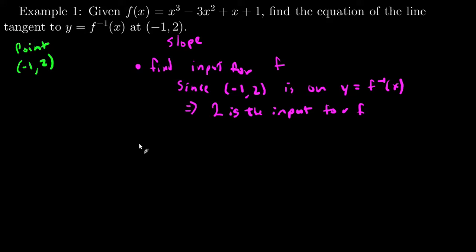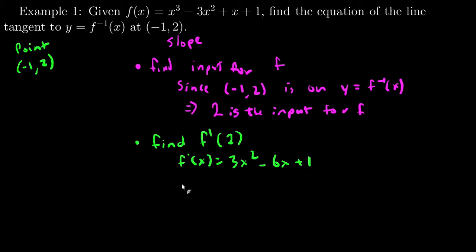So I'm going to use the 2. Second thing, I'm going to find f prime of this 2. So f prime of x is going to be 3x squared minus 6x plus 1.